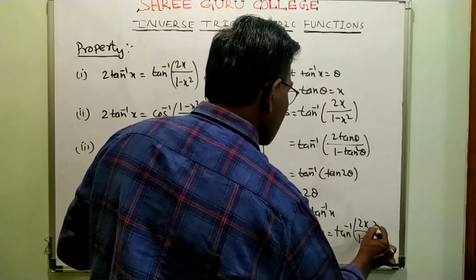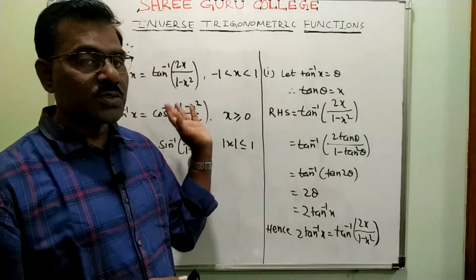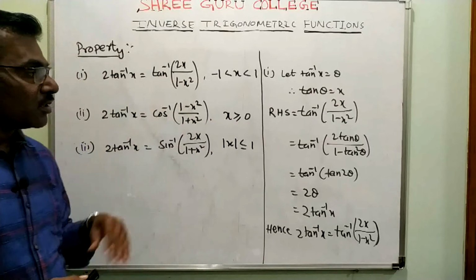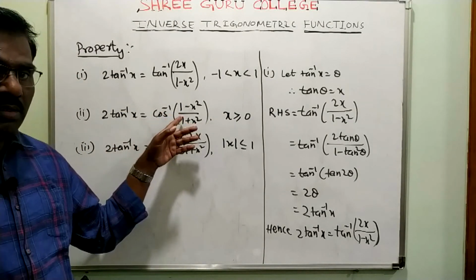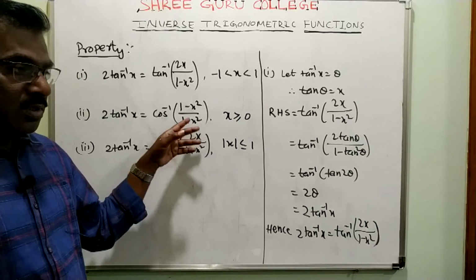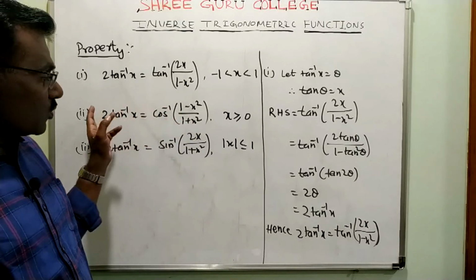Now I am taking right to left, RHS to LHS, for all 3, with the same substitution: put x equal to tan theta. Cos inverse of (1 minus tan square theta) by (1 plus tan square theta) gives cos inverse of cos 2 theta, which is 2 theta.